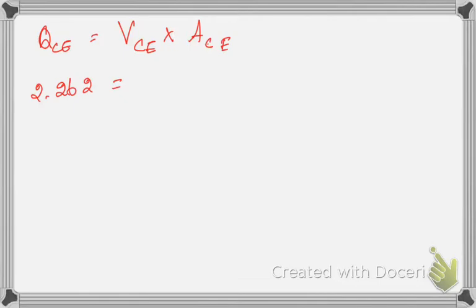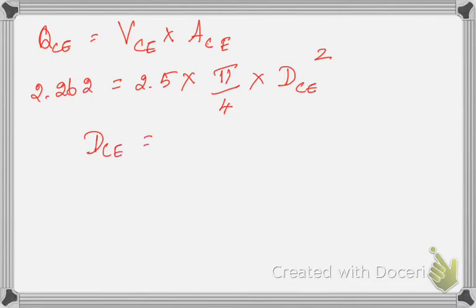The VCE value is also known to me; it is given as 2.5. Instead of area, I can write pi by 4 into DCE square. From this I can get my DCE value as 1.00735 meter. So this is the answer.